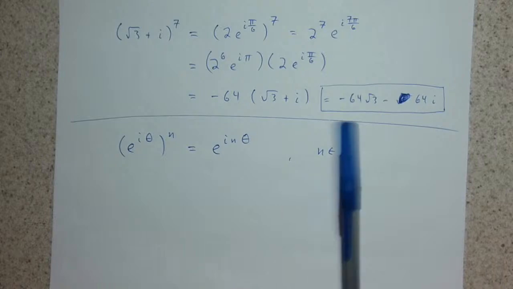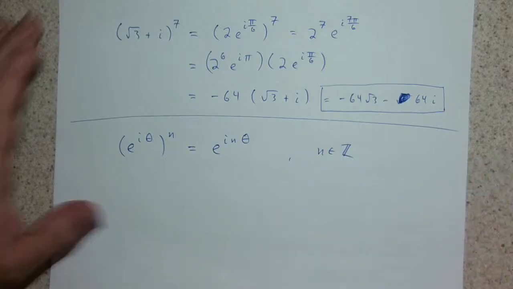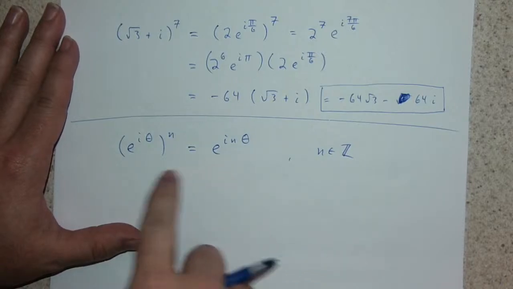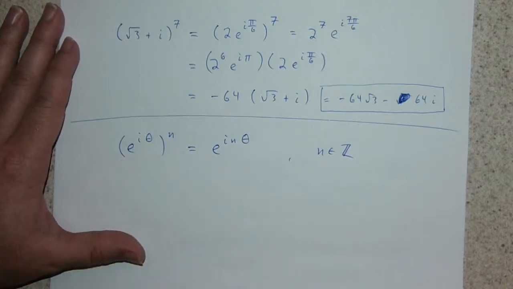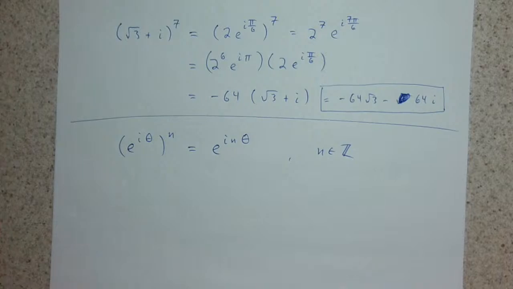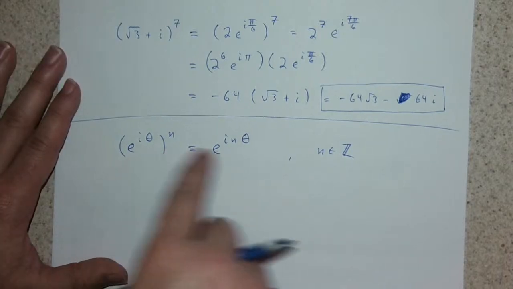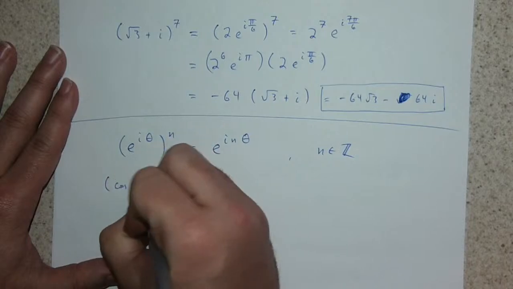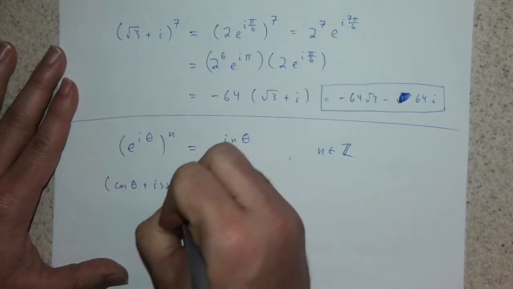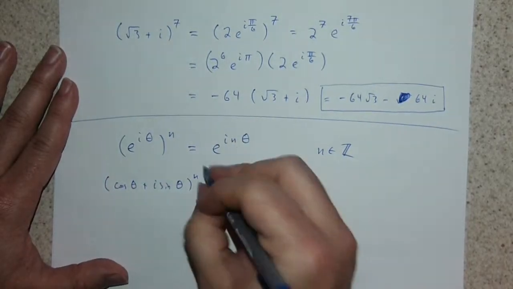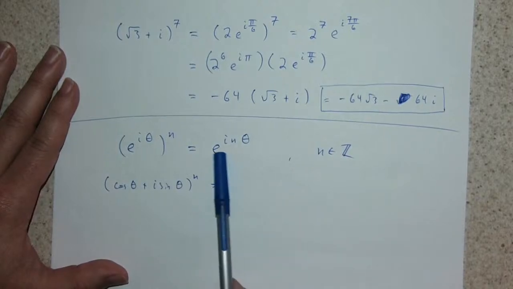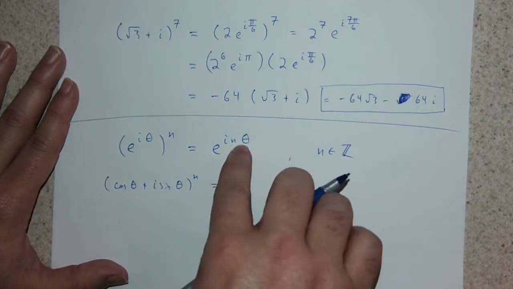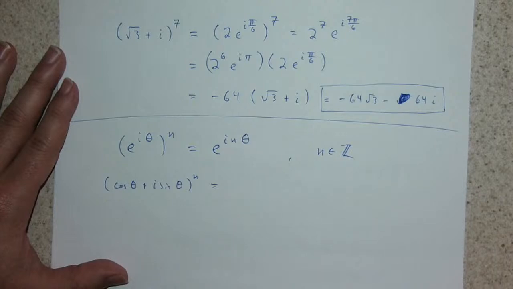Okay. And so, what do I note? Well, this tells me something right off the bat. So what this tells me is that if I revert to polar form, this is cosine theta plus i sine theta to the n. And that is equal to, in polar form, what is this? Now the n is actually multiplying the argument here, right?